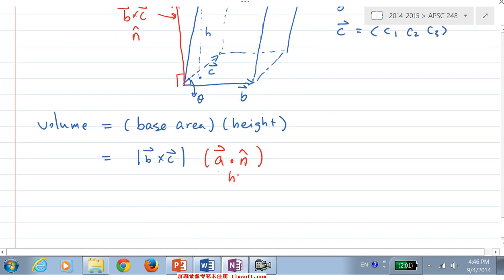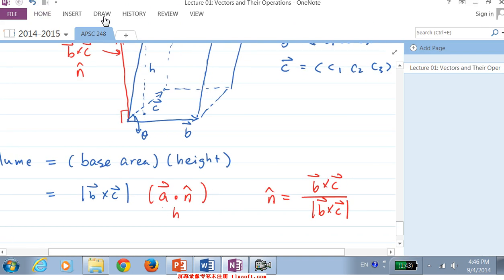So the next question is how do I get n hat? n hat is equal to B cross C divided by the absolute value of B cross C. So plug this into the bracket.